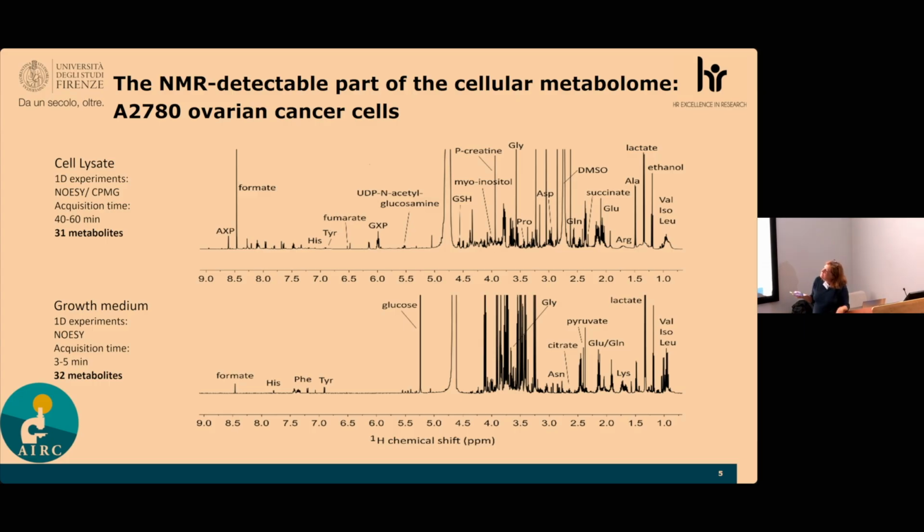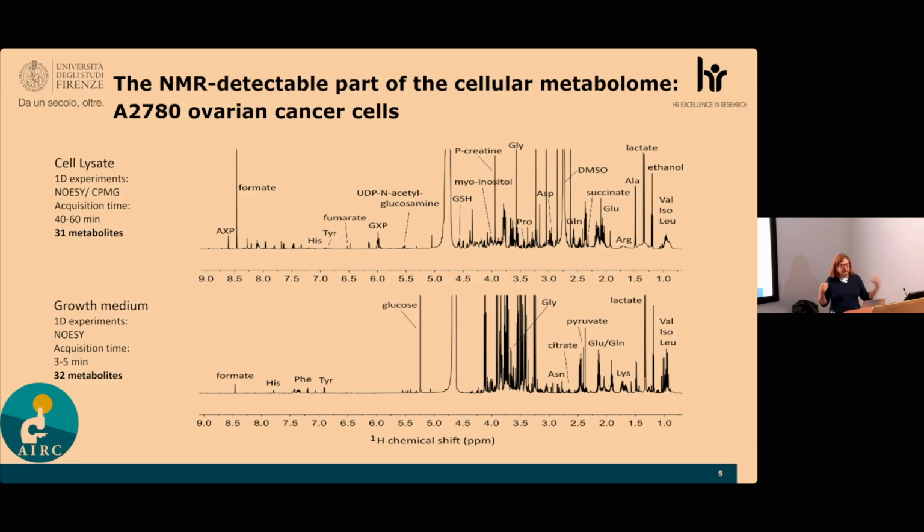So if you look at cell lysates, usually we can use different pulse sequences, and we get about 30 metabolites that can be safely assigned and quantified. A similar number if we look at the growth media, but only some of these metabolites are in common. So usually we end up with about 50 different molecules for a given sample.